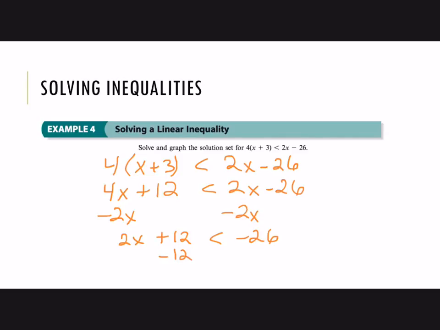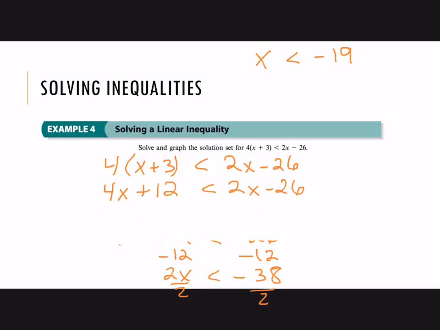And then I would shift the 12 to the right by subtracting, and then you get 2x is less than negative 38. And then when you divide by positive 2, the inequality stays the same direction, so you would get x is less than negative 19. All right, so that's one option.